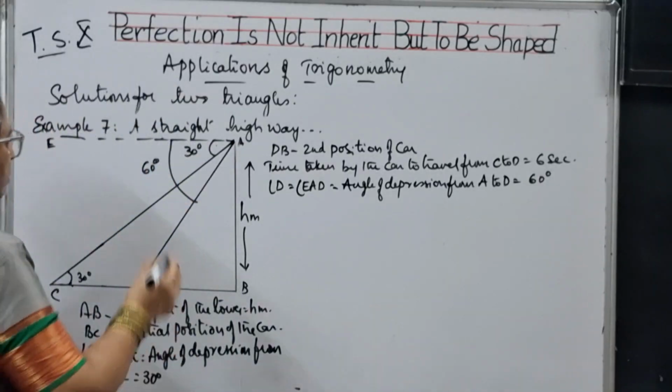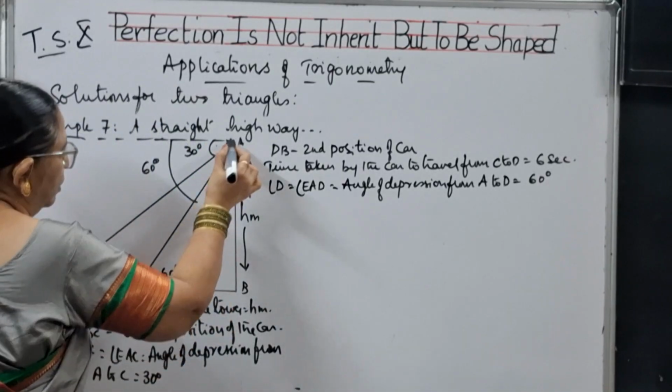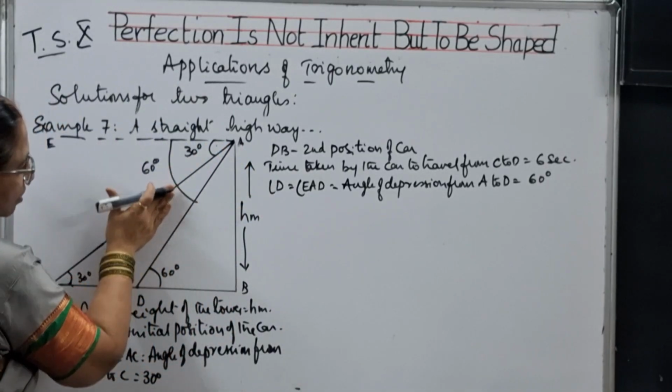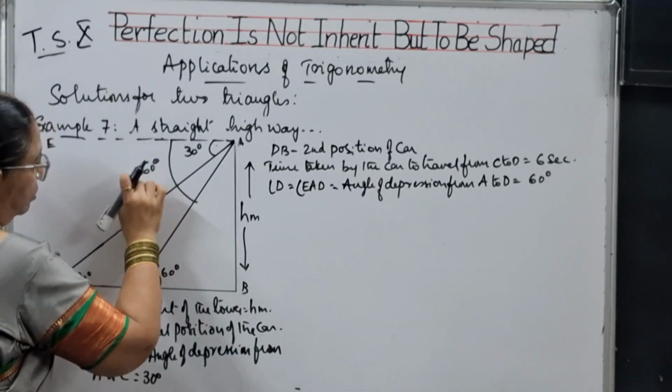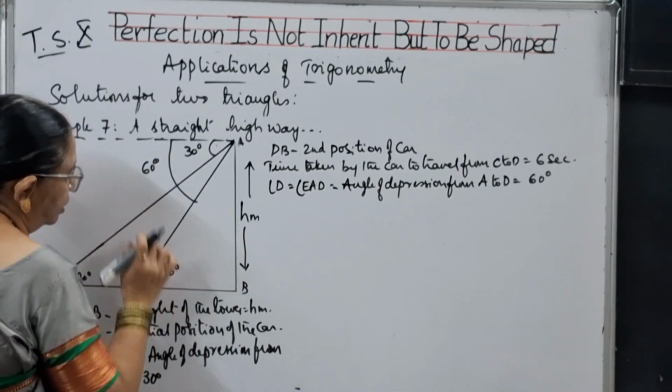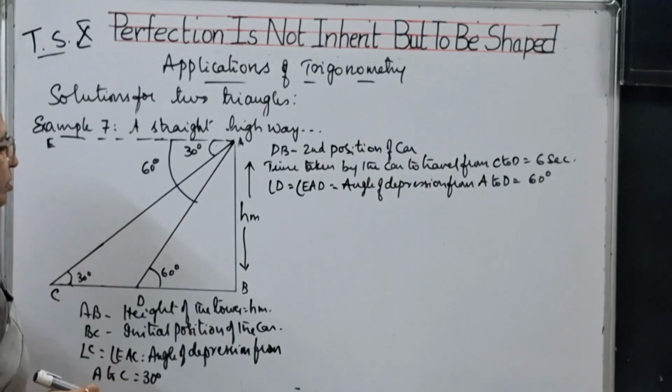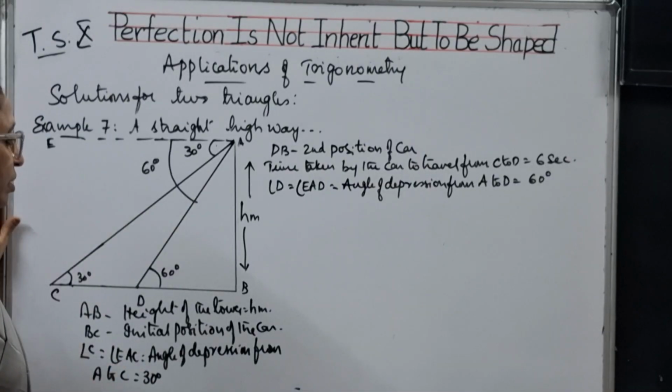Here also the same thing, these two are parallels. So when you forget about this, only this you have to see. This is 60 degrees, means these two are alternate angles. So this is also 60 degrees. So this measure is given.